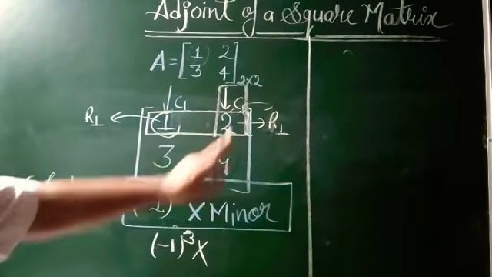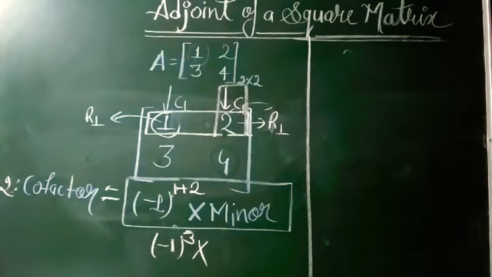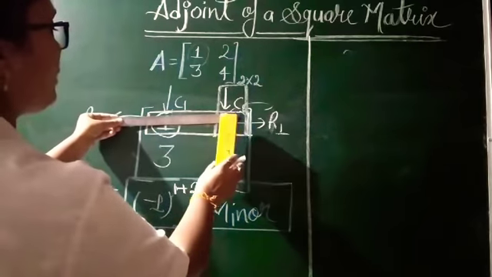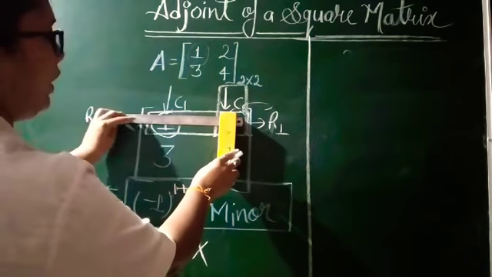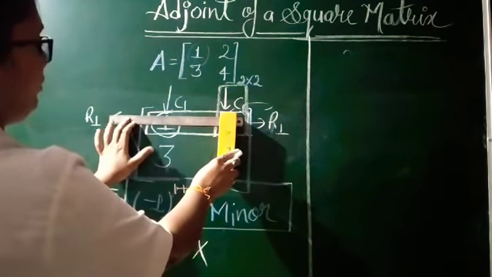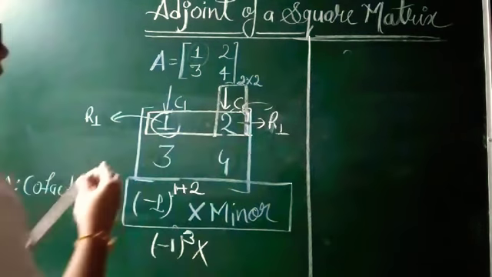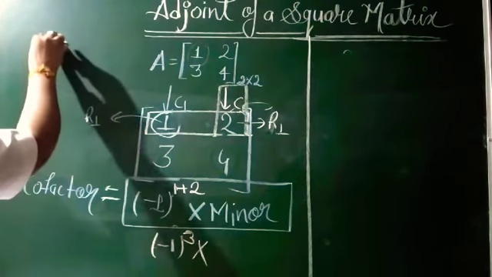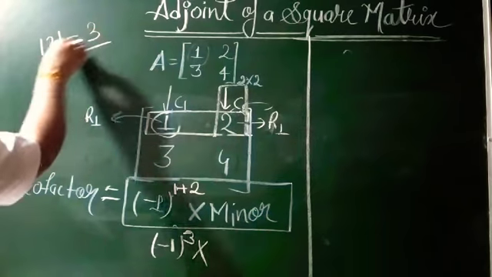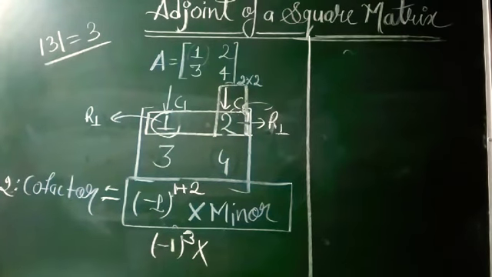For this, first we exclude the row and column and find the determinant. If we exclude the row and column, only 3 remains here, and the determinant of 3 is 3.